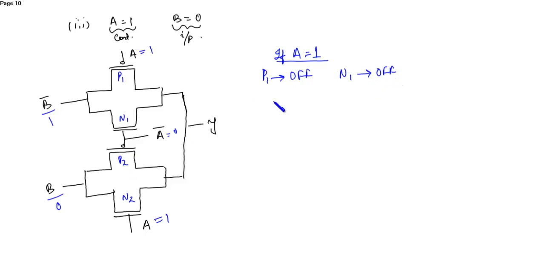Since A bar is 0, P2 will turn on and N2 will turn on.